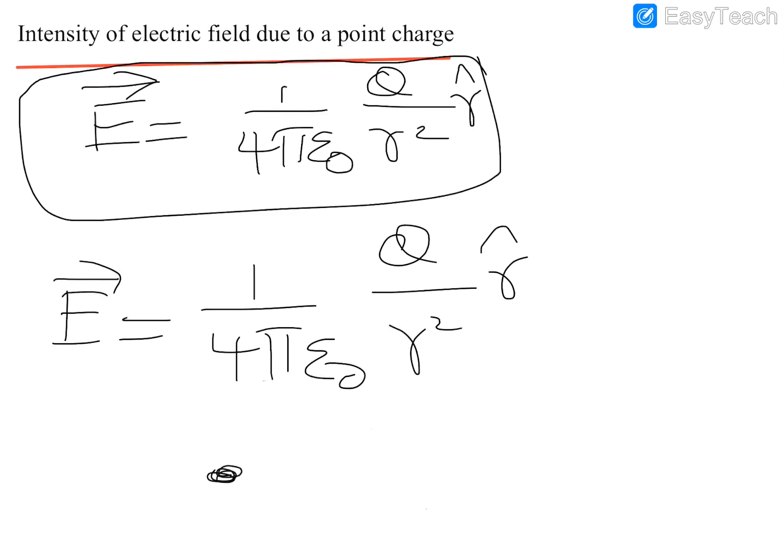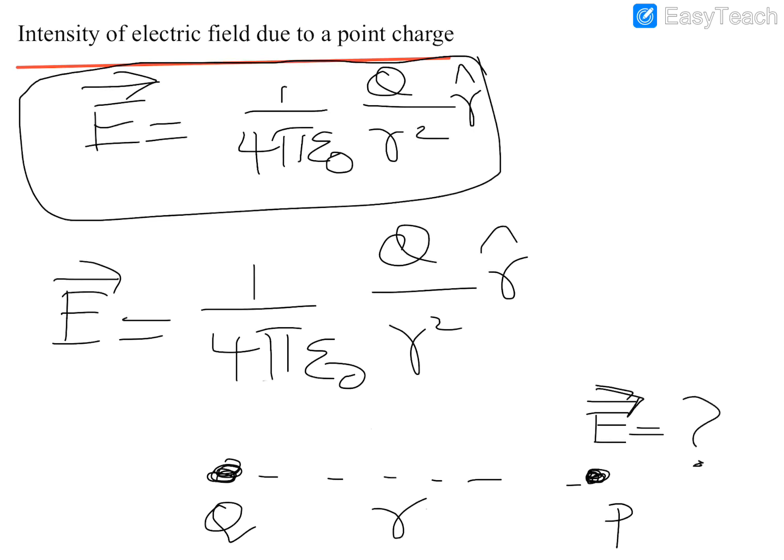This is the case when you have a positive Q charge here and at a distance r you have a point P. If you want to find the electric field intensity at P, you can use this equation, where Q is the charge you are keeping and r is the distance.